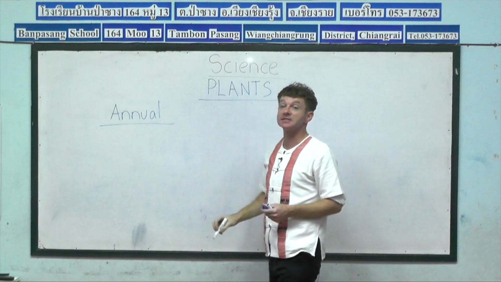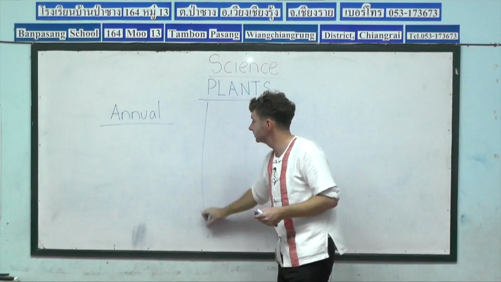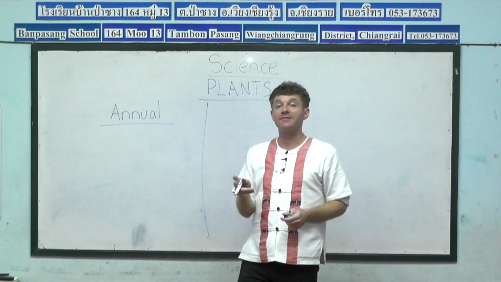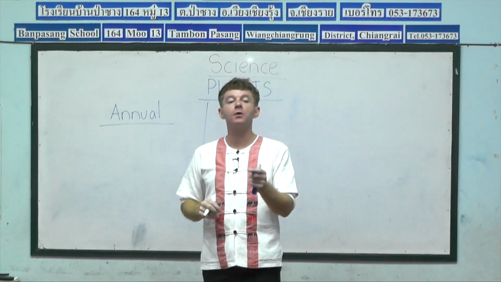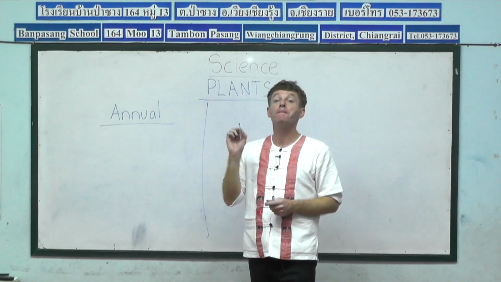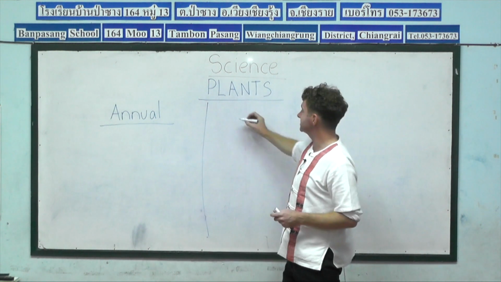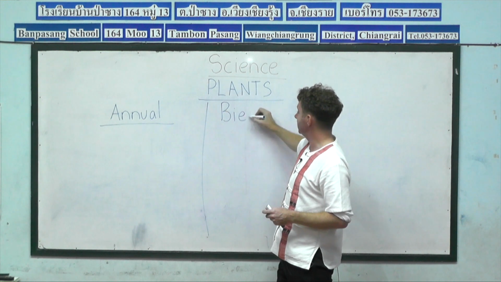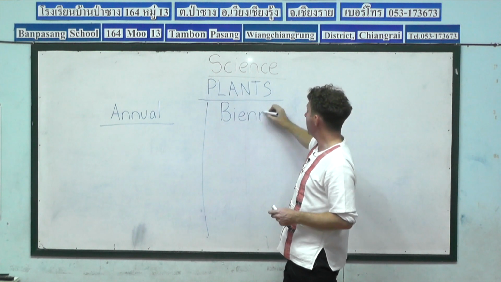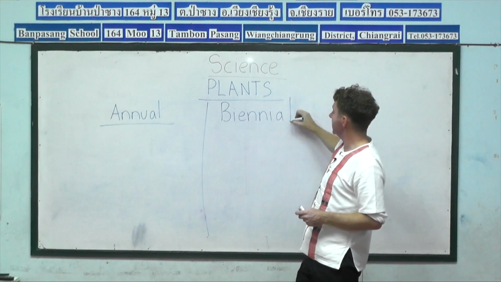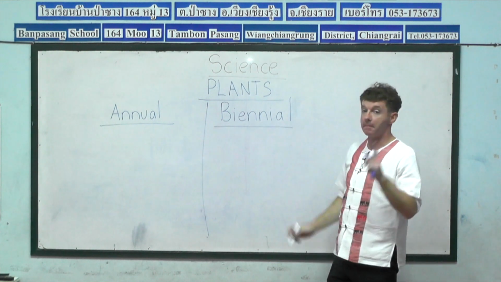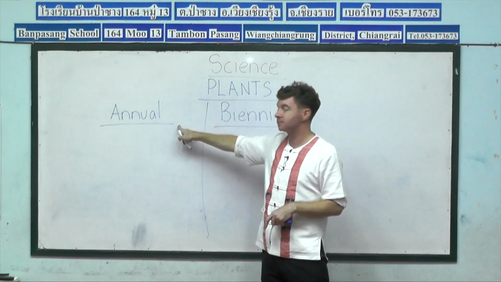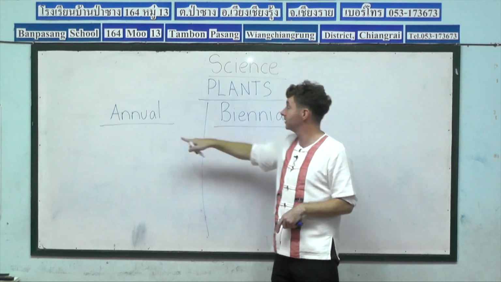Annual plants, less than 1 year. But then, some plants live for 2 years. And what do we call them? Biennial plants. B-I-E-N-N-I-A-L.